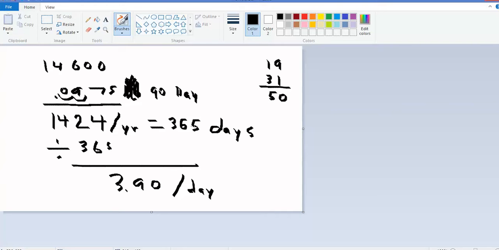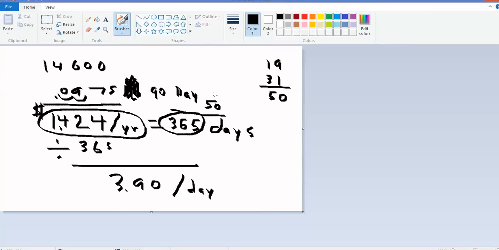Okay? So if we take this interest, this is the total dollars that this note generates in interest. If it's $1,424 per year, and that's for 365 days, if we want to know how much 50 days earns, what we do is we take $1,424 and multiply it by 50 over 365.